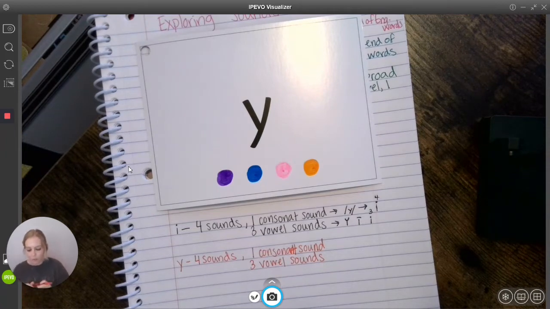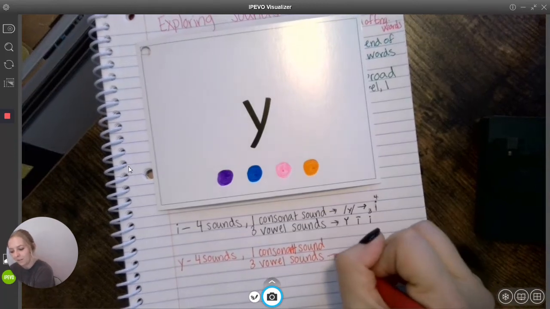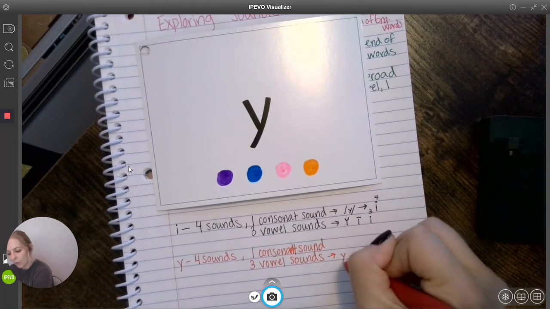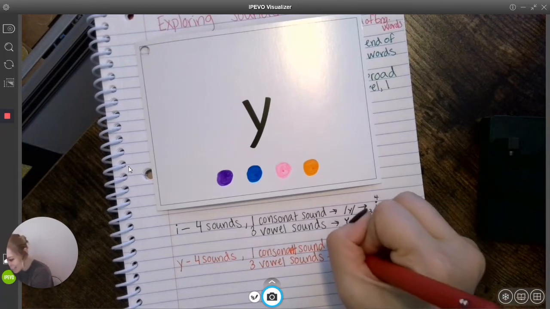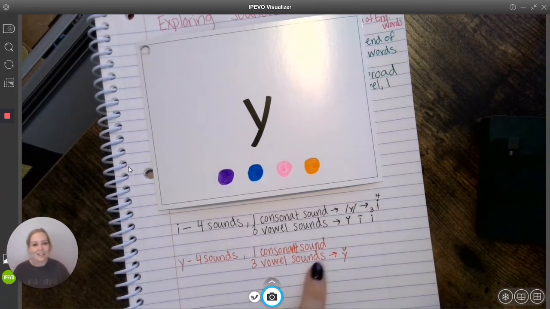How do you think we will mark the short vowel sound for a Y? If you guessed that we were going to put a breve over it, you're right. So we're going to write a Y and then just put a breve over it to show us that it's making the short I sound for Y.